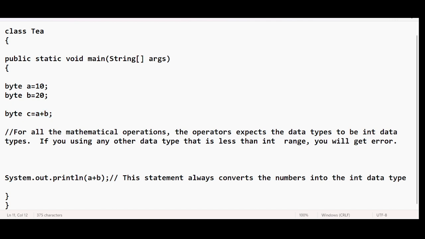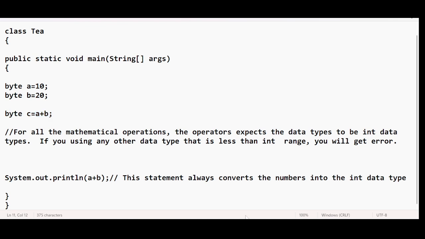But the compiler is not accepting it, because internally the design is such that when you perform any mathematical operation between two data types, we have to ensure that these data types are at least the integer data type. So byte is not a valid data type to store the value of addition of two operands.